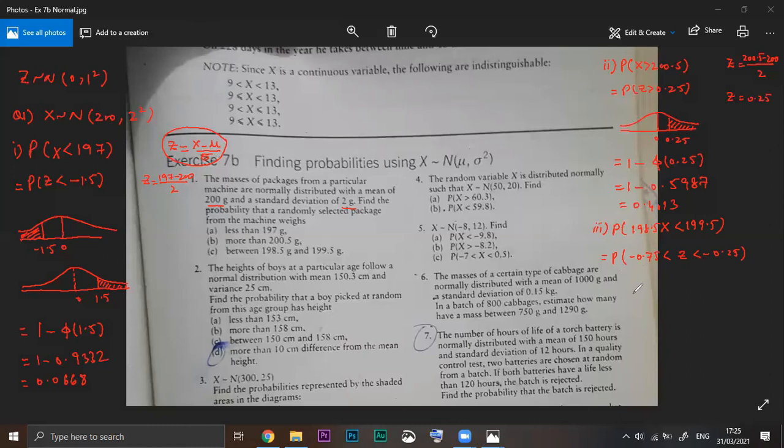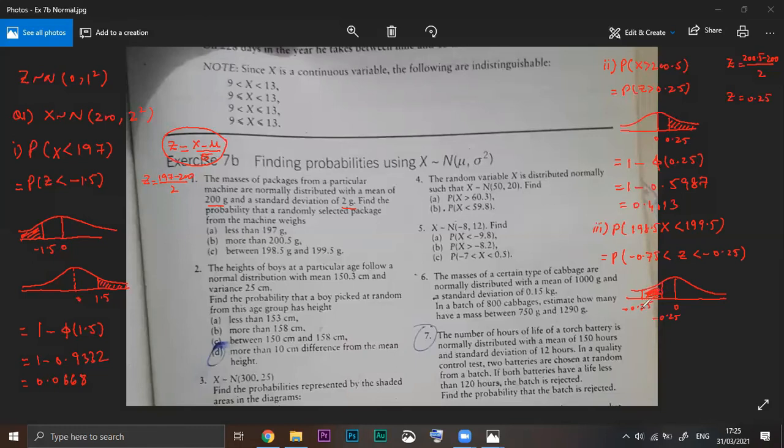Now, we will draw the diagram. Both will be on the left hand side or on the right hand side? Left. Okay. Minus 0.75 and this value is minus 0.25. We want to find out this area.